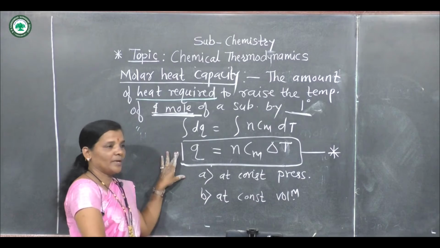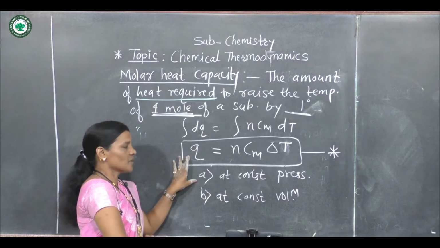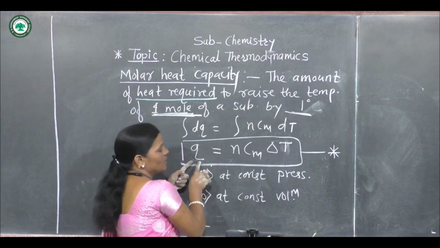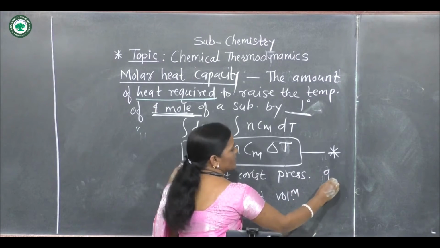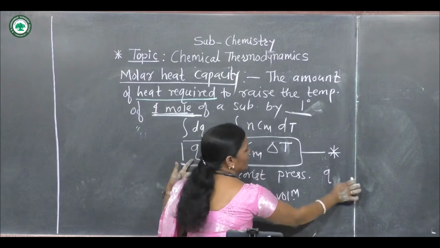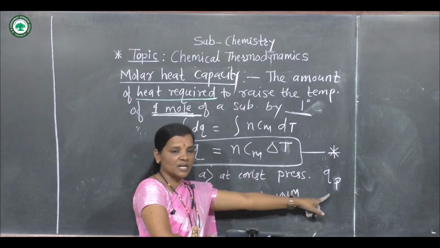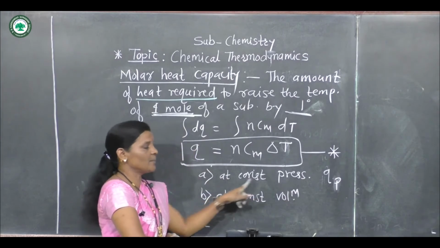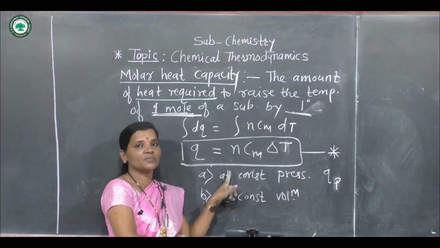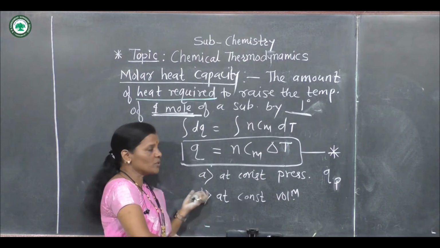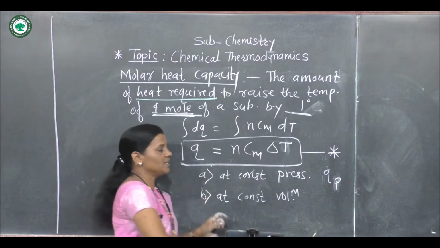So for molar heat capacity at constant pressure, we denote the heat required by QP, that is the amount of heat required at constant pressure to raise the temperature of 1 mole of a substance by 1 degree.